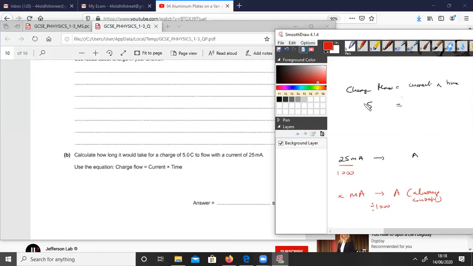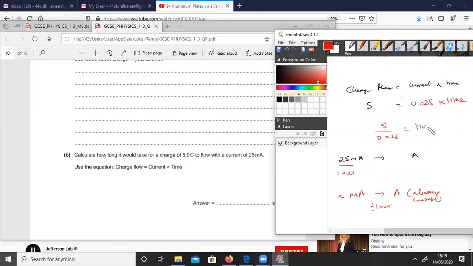So 5, which was your charge, equals 0.025 multiplied by time. Now, what would I do next to work out the time? Would you do 5 divided by 0.025?